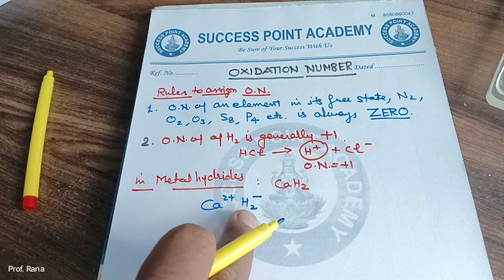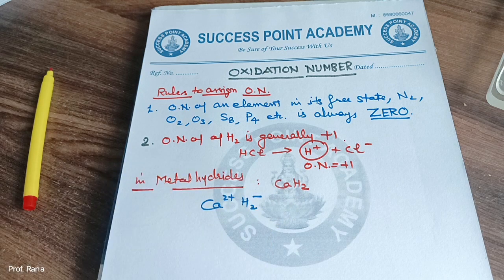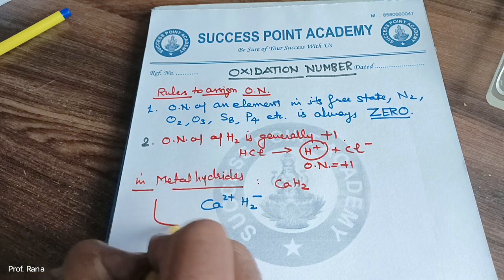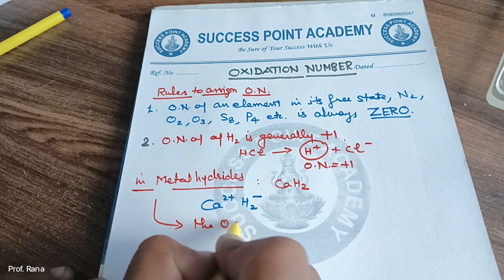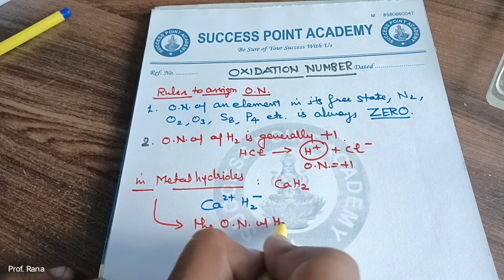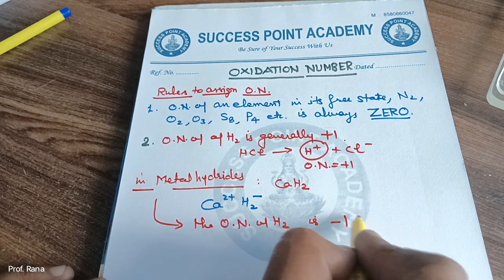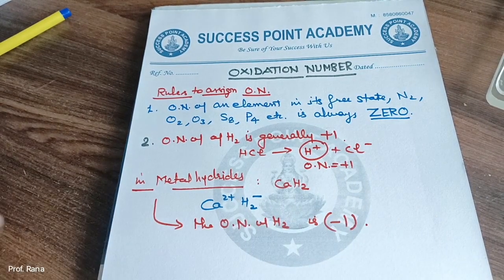Two atoms of hydrogen, each having 1 negative charge, so 2 negative charge, and then 2 positive, so calcium hydride. So in metal hydrides, the oxidation number of hydrogen is -1. This is very important to note.